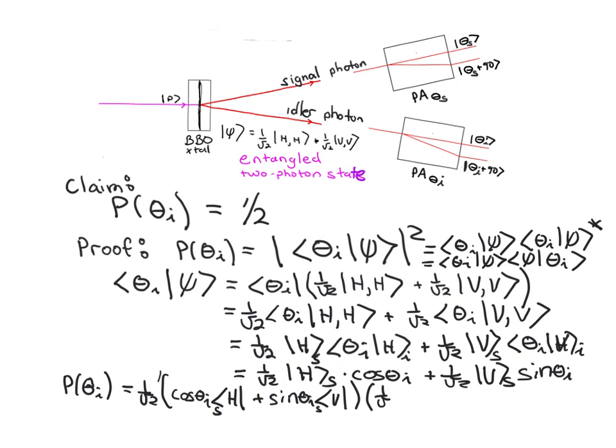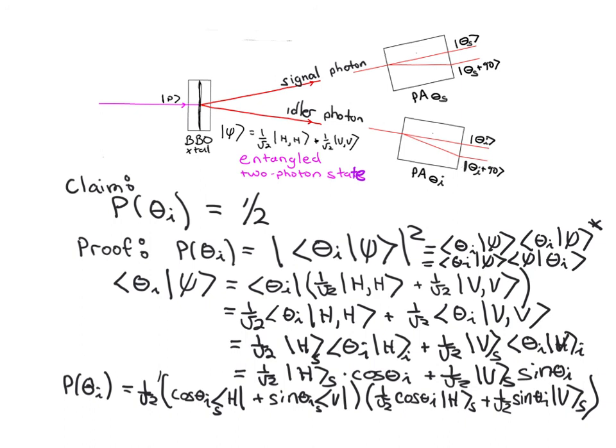Whoops, let's back that up. Let's put the cosine theta I term first, HS plus 1 over the square root of 2 sine theta sub I V sub S, like so.